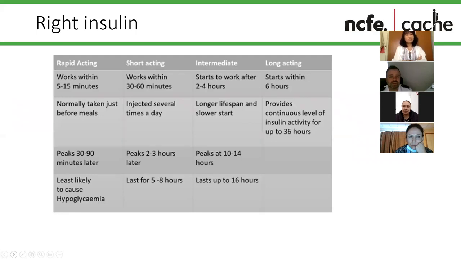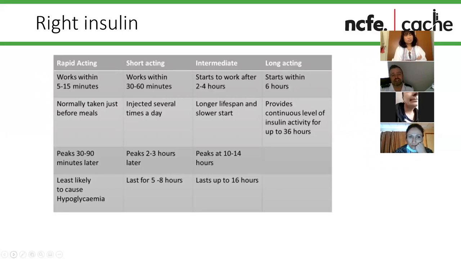You've got different types of insulin. You've got rapid acting insulin, which works within 5 to 10 minutes. We've got short acting insulin, which works between 30 and 60 minutes. Intermediate between 2 and 4, or long acting within 6 hours. So rapid acting is normally taken just before meals. And again, least likely to cause hypoglycemia, so that's the drop in blood sugar.